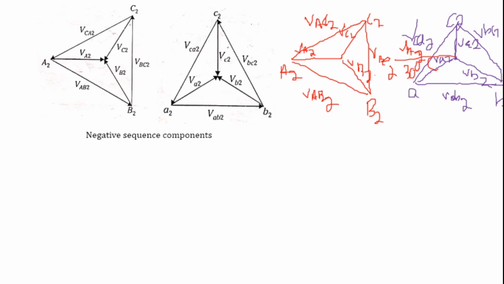It means that the high voltage side is going to lead the low voltage side at an angle of 30 degrees. So capital VA2 lags small VA2 by 30 degrees. That is the meaning of it.